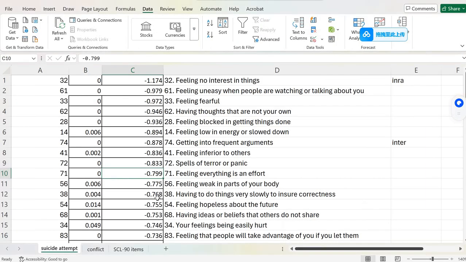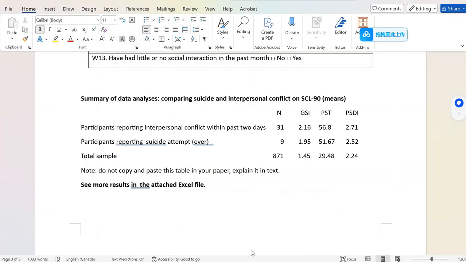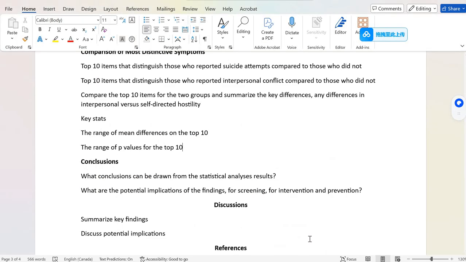P-values, you can also simplify it a little bit. So one major convention for psychology is that if a p-value is smaller than 0.05, that's considered statistically significant.